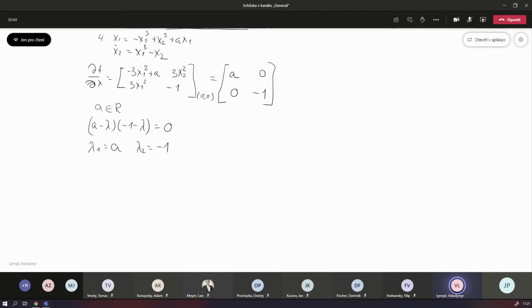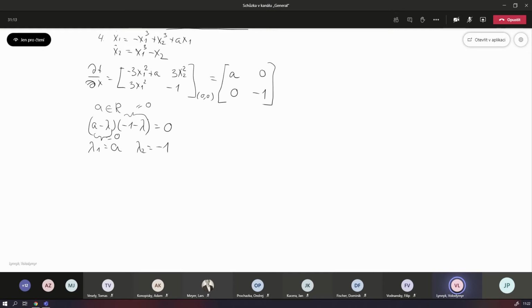Yeah. Any question on this step? Because here is equal to 0 or this part equal to 0, yeah? And then it's equal to 0. Okay, lambda 1 equal to a, lambda 2 equal to -1.